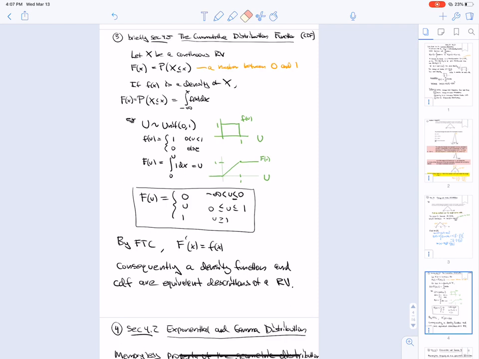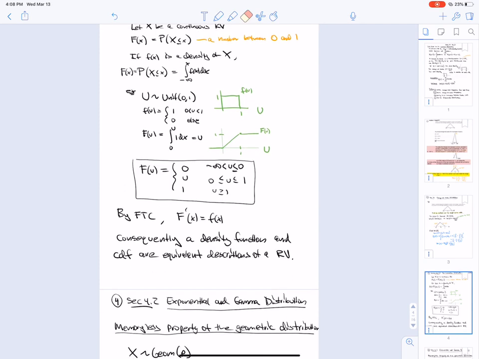So f of u takes three values, 0, u, and 1. It's 0 up to 0, it's u between 0 and 1, and it's 1 after 1. And if you take the derivative of the CDF, you just get the density. That's the fundamental theorem of calculus. And so the density and the CDF are equivalent ways to describe random variables.